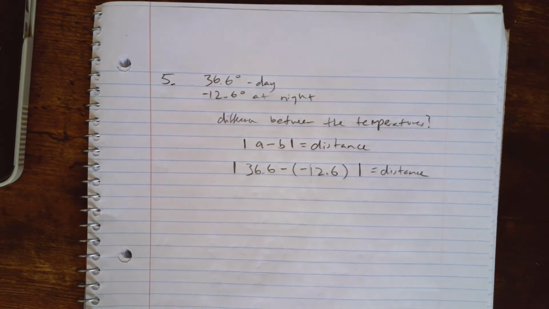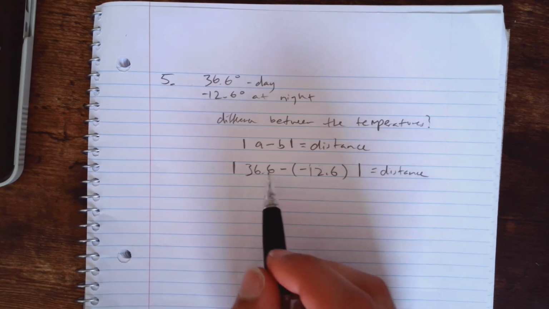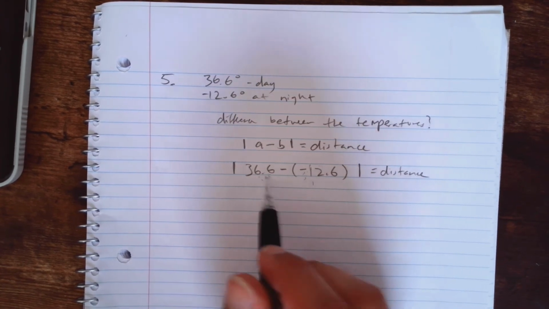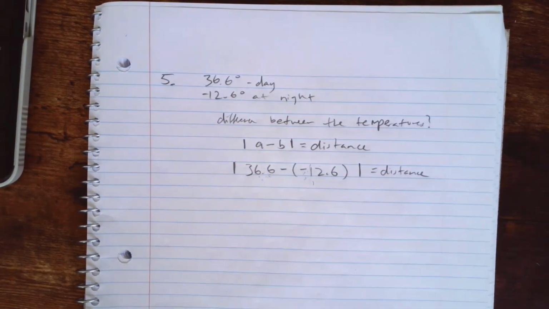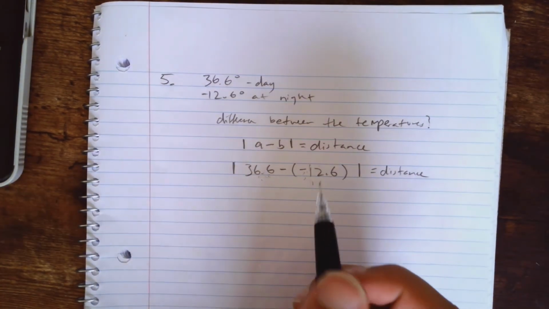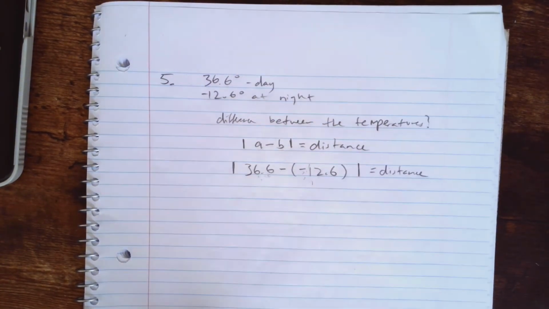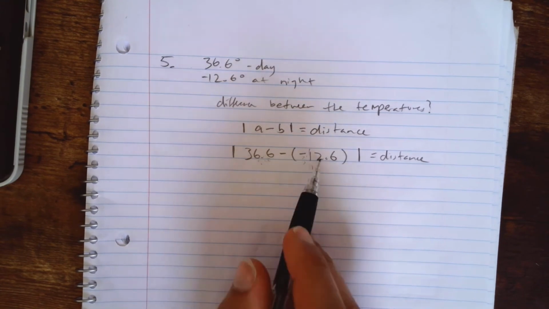And do you remember anything, last week we talked about how it doesn't matter which number we plug in for A and for B? Okay, good. So this should be our answer. Now, how can we go from here? We have this equation.